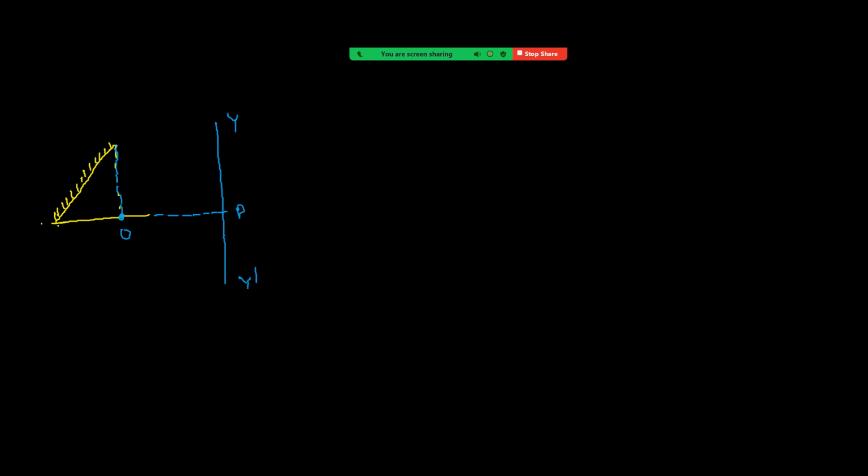If you draw the normal at this point, according to the diagram, see dimensions given here. This is d. This is also d. That means this angle is 45. This also 45, right?